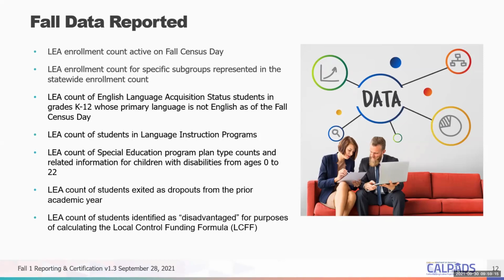Previously, we used to have graduates and dropouts as far as Fall-1, but because of the California School Dashboard and the 4-year cohort for students in high school, we've moved graduates to coincide with the end of year calendar. Dropouts remain, and we'll talk about that and the new report that helps you identify those students. And then lastly, we have a count of students identified as disadvantaged for purposes of the LCFF formula.